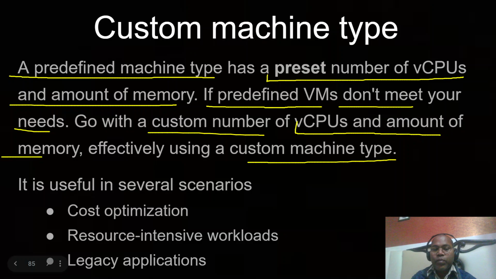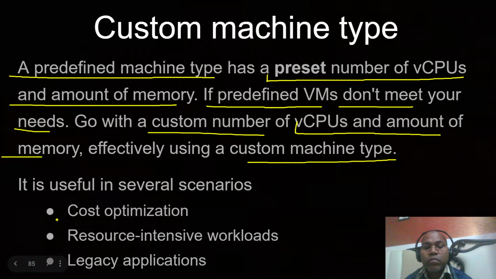You have to choose carefully, because whenever you go custom, look at the cost, what kind of pricing you have to pay for Google Cloud, because now it is your responsibility. You are going to choose the number of CPUs, the amount of RAM, and the size of storage. So please choose carefully. There are several use cases and scenarios where custom types are required.